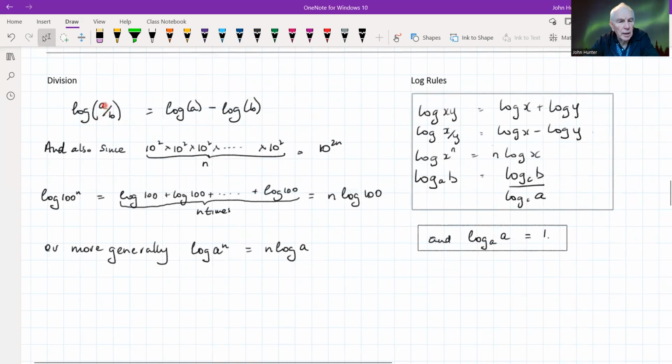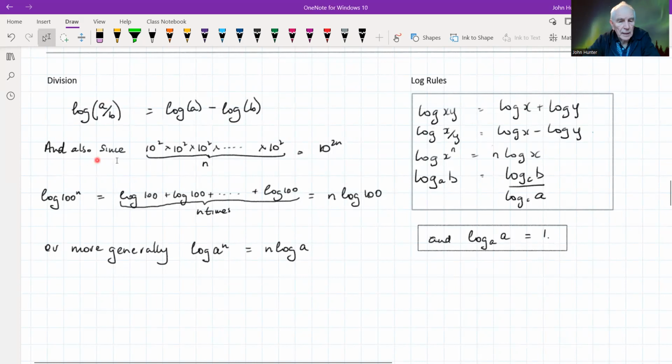Similarly, if we're dividing two numbers, to work out what A divided by B is, then we could look up in our tables the log of A, its power if we express it as 10 to some power, and the same for B. We'd subtract those, and then we go back to our tables and do a kind of reverse lookup.